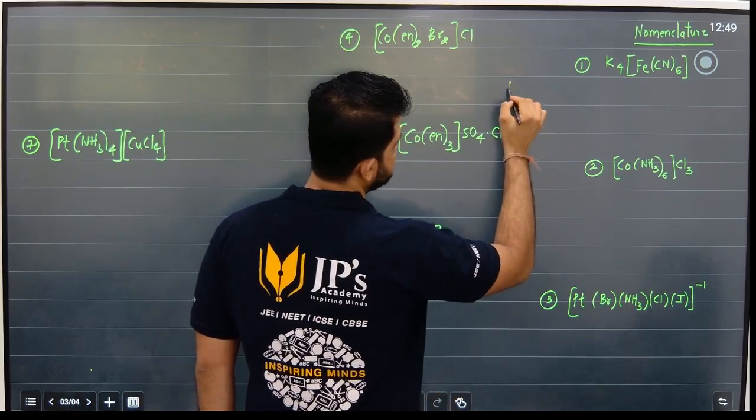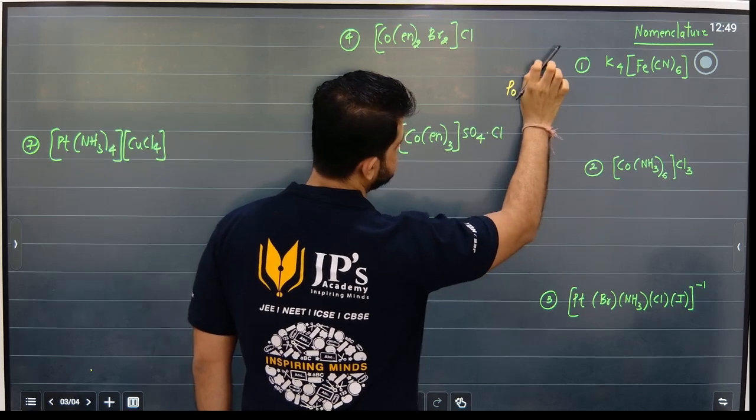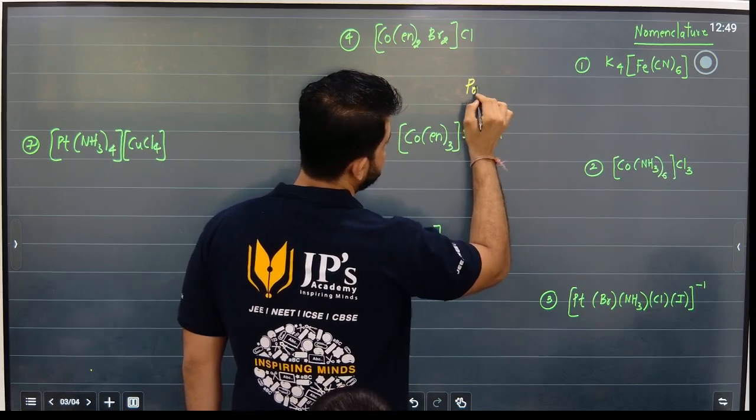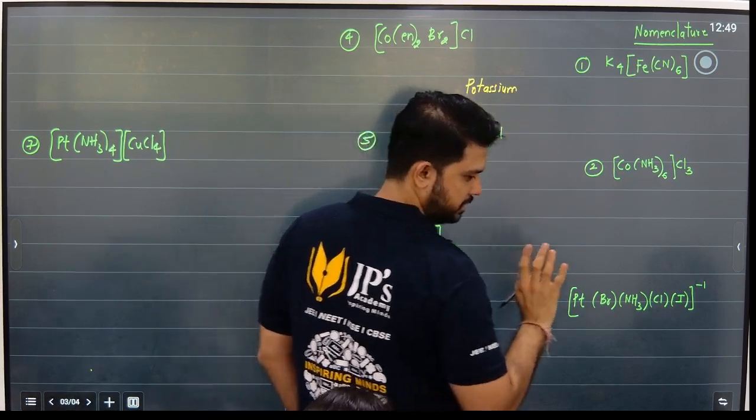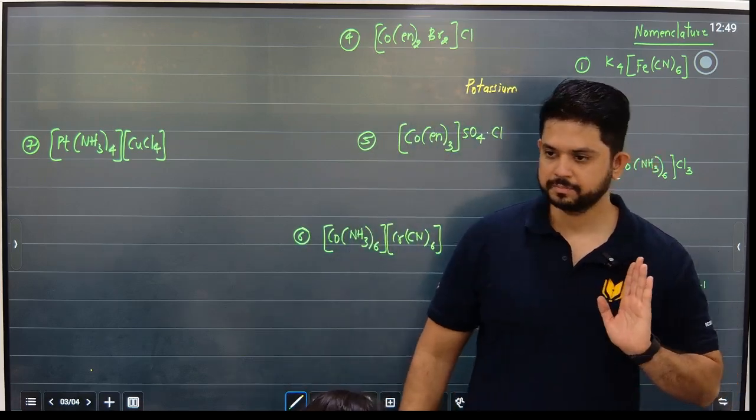Potassium. So you just write potassium. It is K4, but there's no need to write tetrapotassium, you just write potassium.